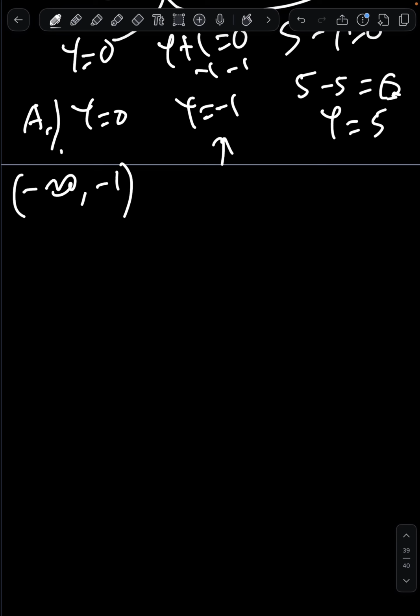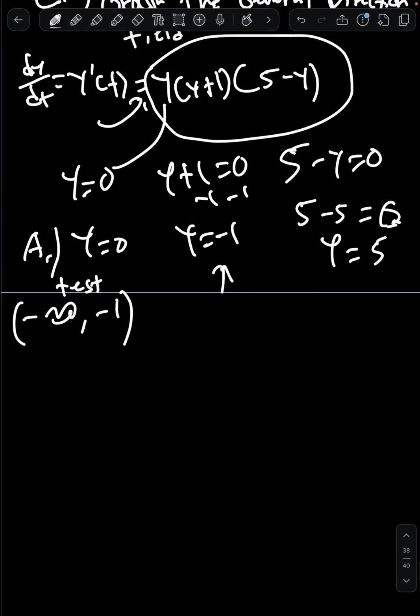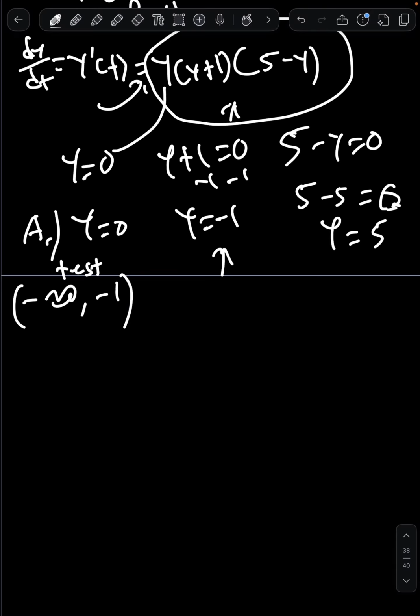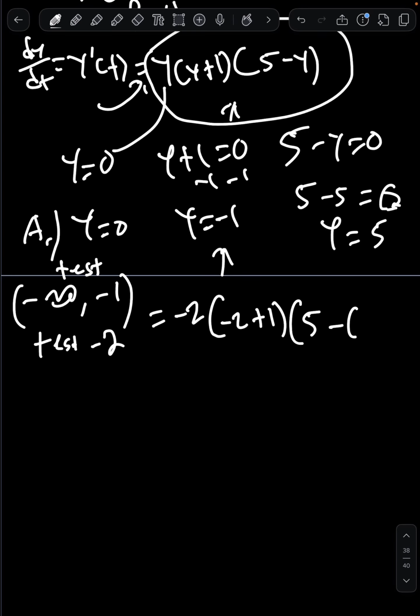So we're going to test here. Using our first derivative equation, which is right here, let's just test negative 2, since that's in our interval. Let's see what happens when we have negative 2 times (negative 2 plus 1) times (5 minus negative 2).